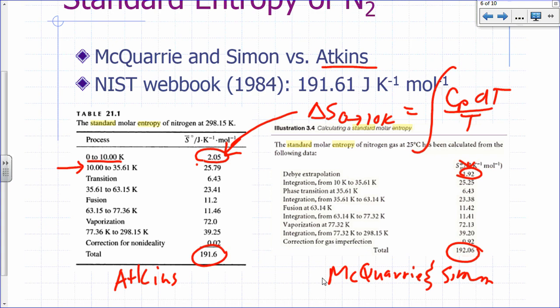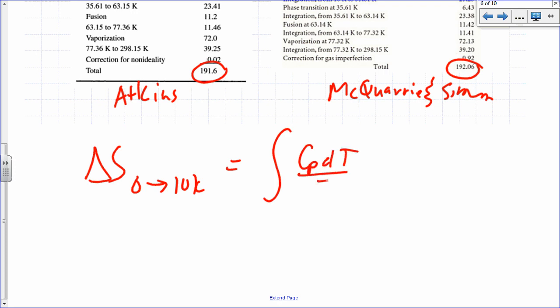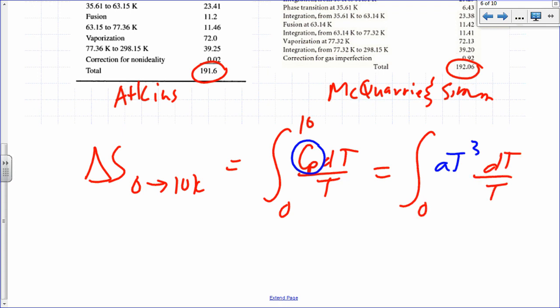Let me write that down here. Delta S from 0 to 10 Kelvin would be the integral of Cp dT over T from 0 to 10. The Debye T-cube law says that Cp is AT cubed, so it's the integral of AT cubed dT over T from 0 to 10.